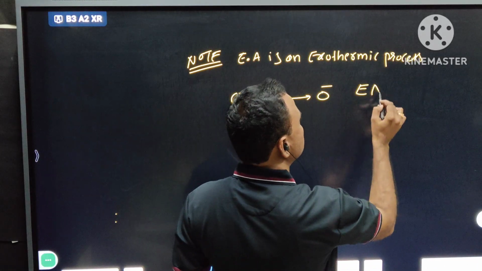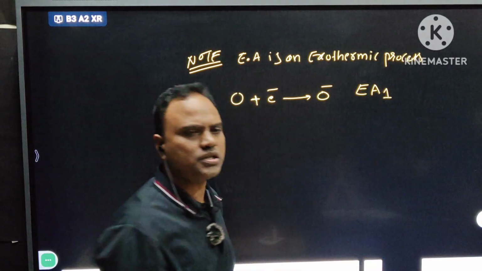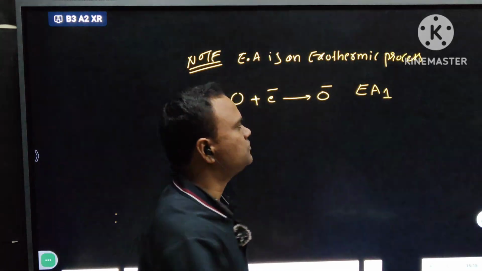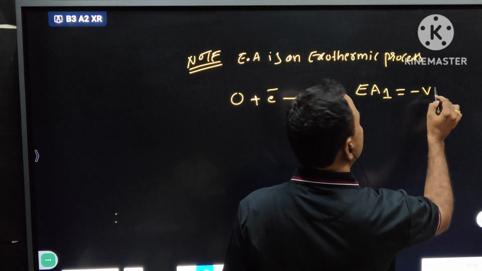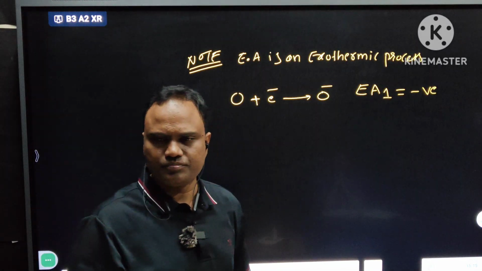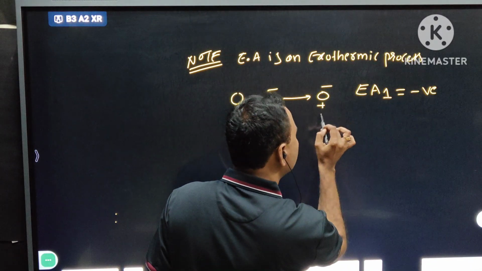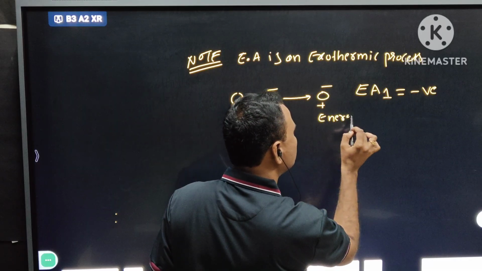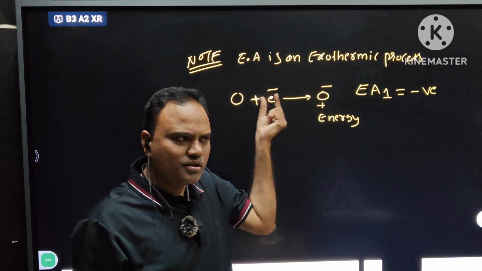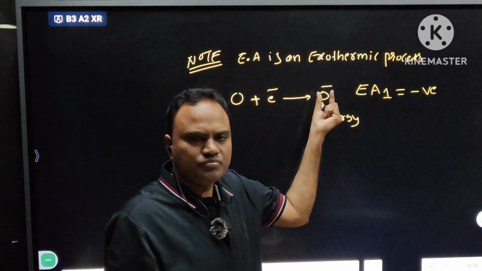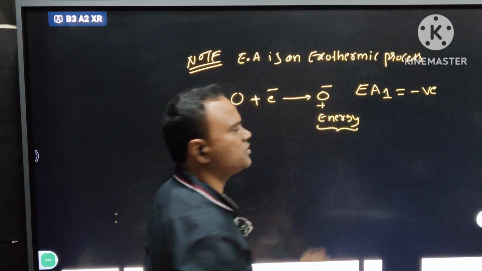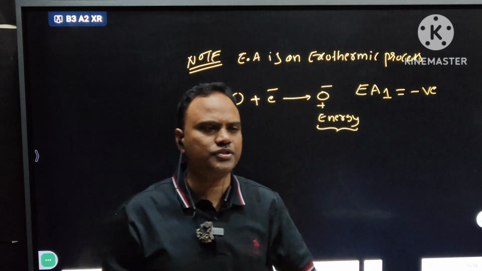Let us represent the energy released as EA1, electron affinity 1. Is it negative or positive? Negative. Why? Because energy is being released. While we add an electron to oxygen, oxygen is converted into O minus, plus some energy comes out.